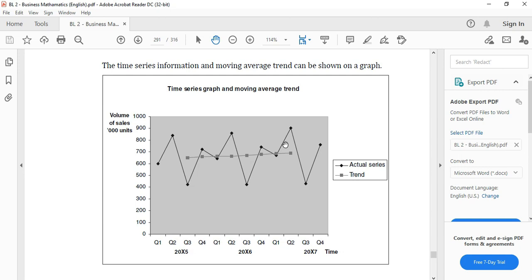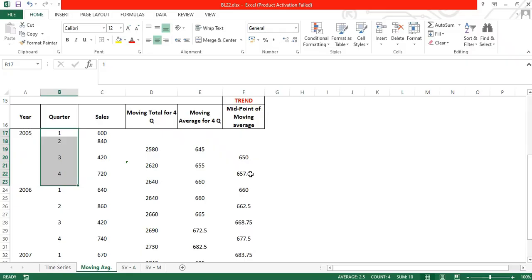It can be a cyclical factor. That's why, because it is a common factor, when we remove that common factor by getting the average, the line becomes a straight line. Because we removed the common seasonal factors by the calculation of moving average.